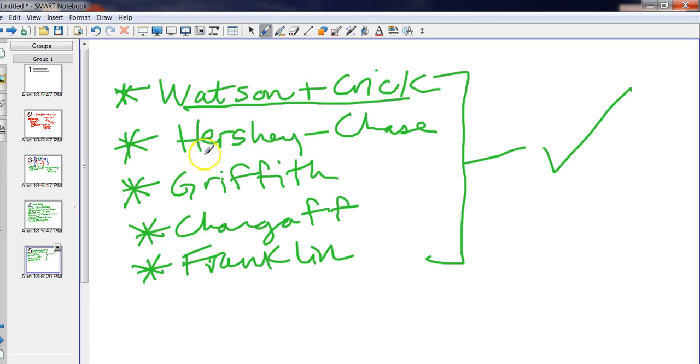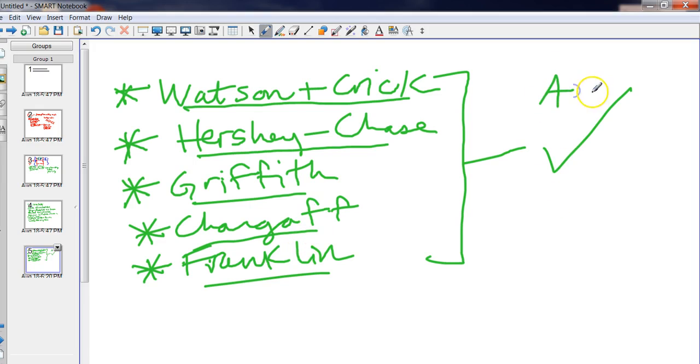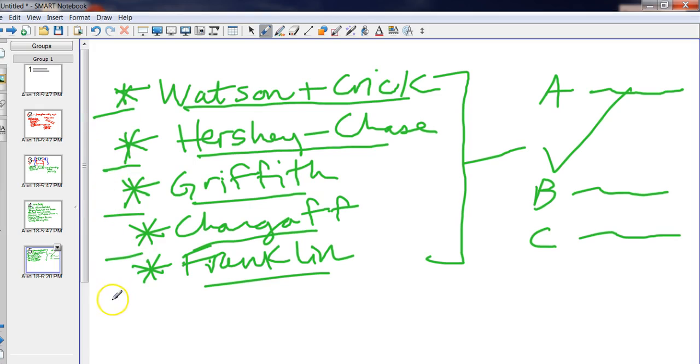Obviously the names will be on one side of the matching, and on the other side would be A and then a description, B and then a description, C and then a description. Then you want to match up which description matches the scientist's contribution to the discovery of the structure and function of DNA.